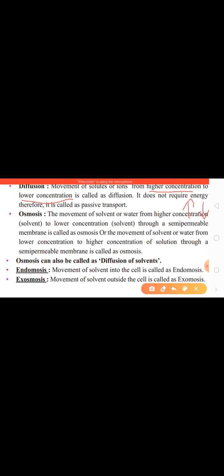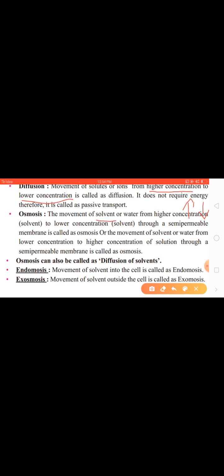There is yet another process which is known as osmosis. Diffusion is a simple type of process, whereas osmosis is called a special type of diffusion. Why? Let us see. In osmosis, there is a movement of solvent.